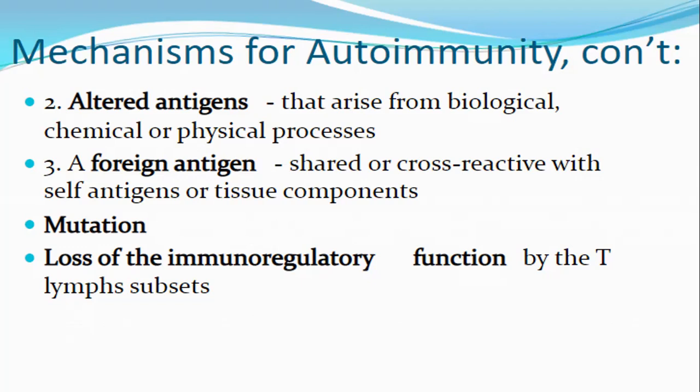But due to exposure to some agents, for example UV radiation or drugs, these self-antigens are altered such that they become defective, and so autoantibodies are produced against them. Then we have the foreign antigen theory, where shared or cross-reactive antigens with self-antigens or tissue components occur. And then we have mutation and loss of the immunoregulatory function by the T lymphocyte subsets.